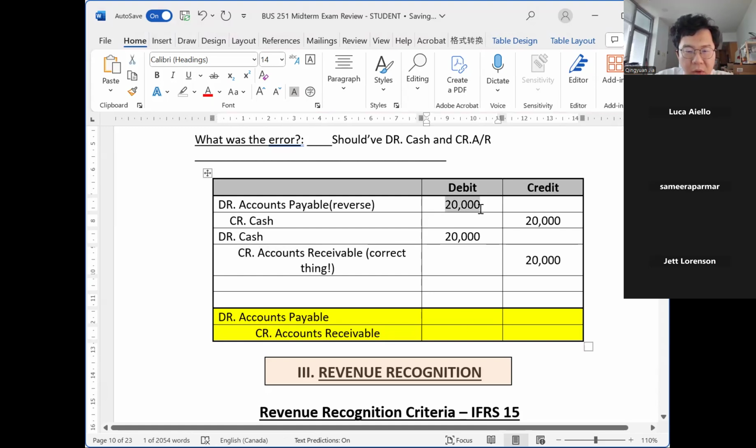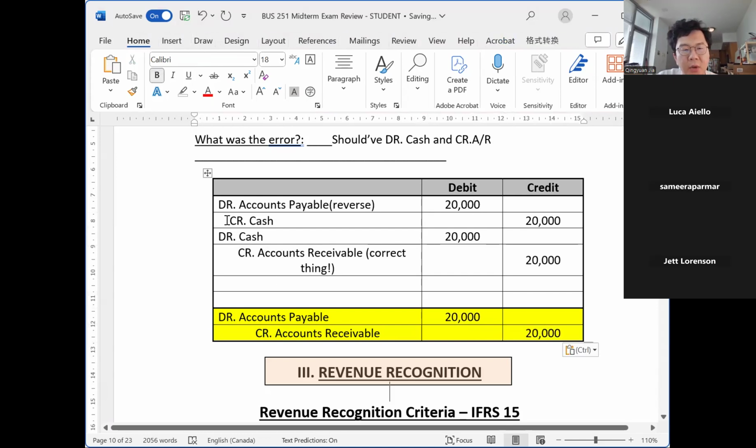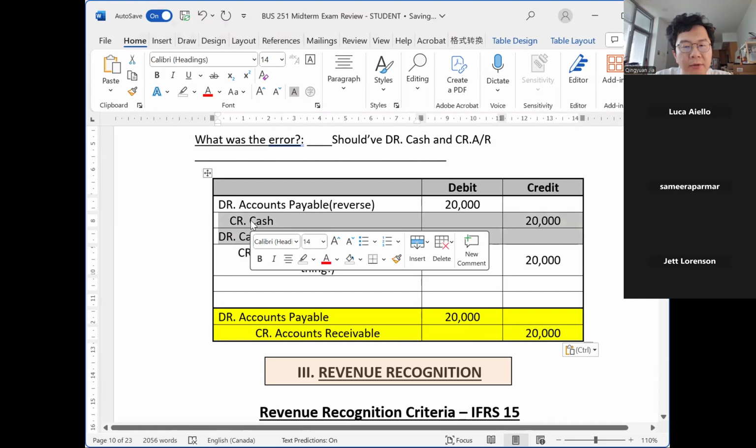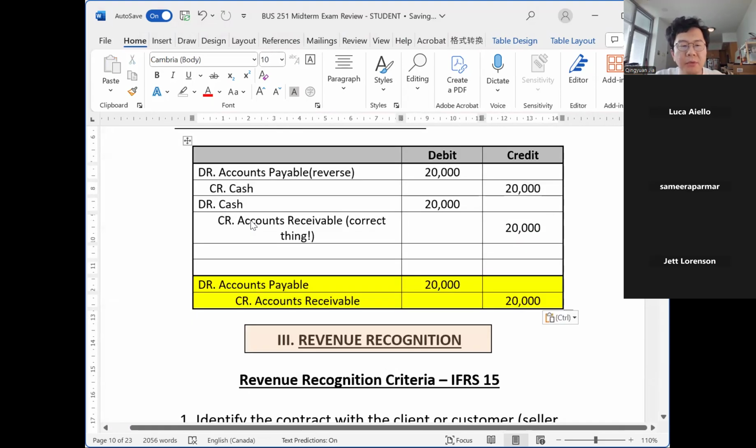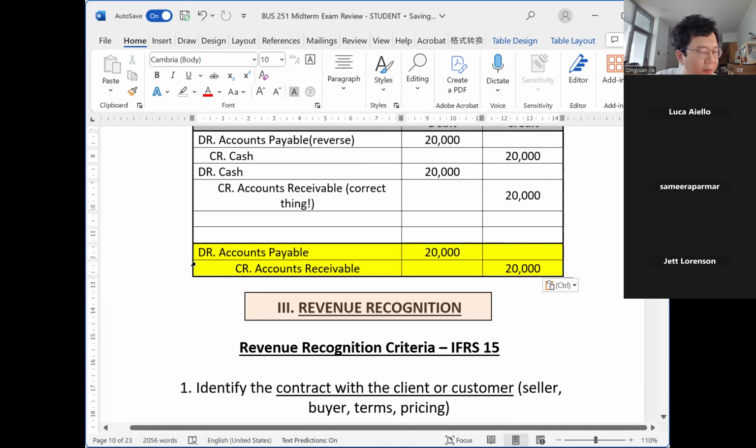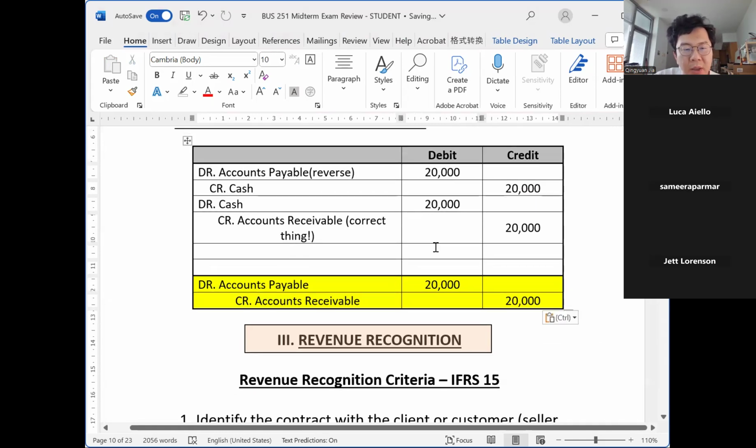And 20,000 here and 20,000 here, because this credit cash and debit cash will be offset, right? So this is the only thing that is left. The yellow one is the combined entries. Then you can write in this way or you can write in the combined way. It's okay.